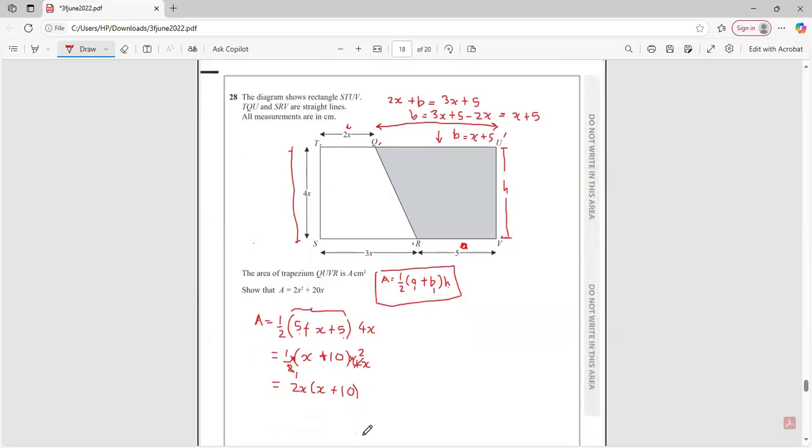So are you good with the calculation up to this point? Yes. Okay, so I'm sure you can see the answer coming out now. So A will finally be equal to, so you can now expand. So 2x times x will be what? 2x squared. And then 2x times plus 10 will be plus 20x.